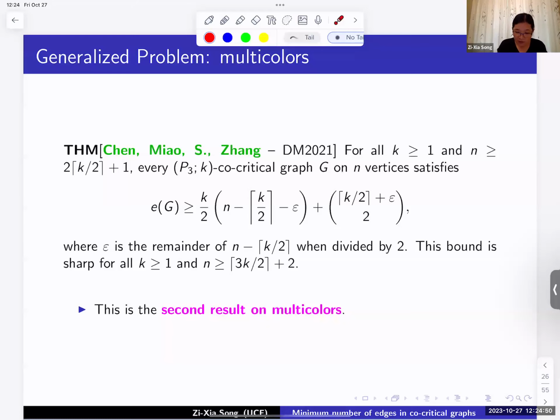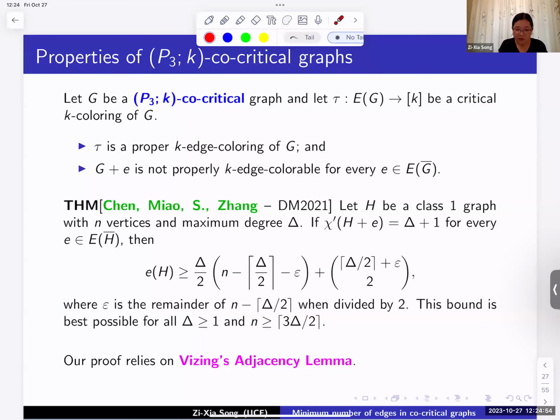I find this one more interesting because if my graph G is P3-K co-critical, what does it mean? It means if you take a critical coloring of your graph G, such a critical coloring must be a proper edge coloring of G, because I cannot see a monochromatic P3.